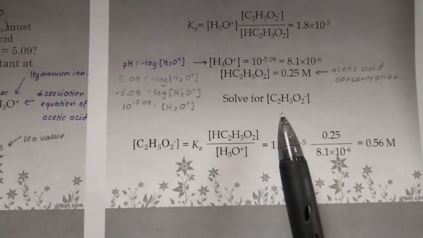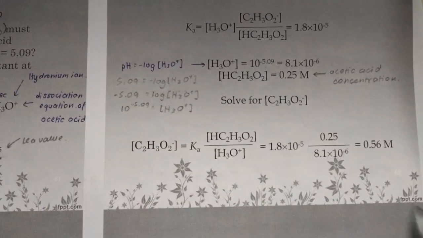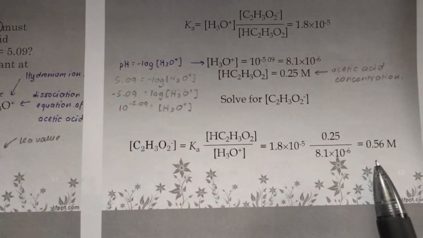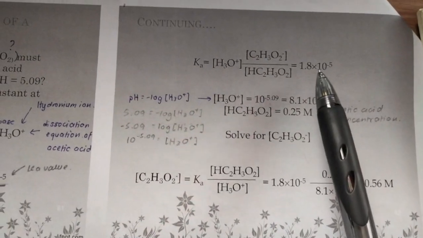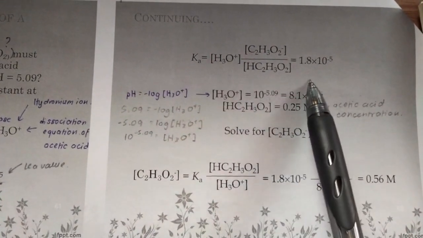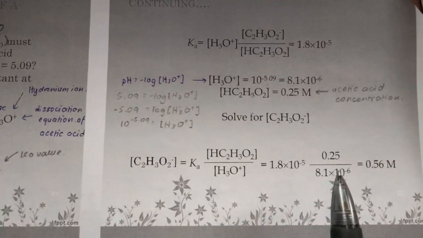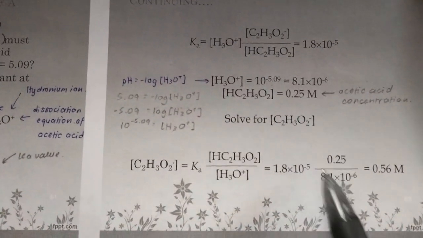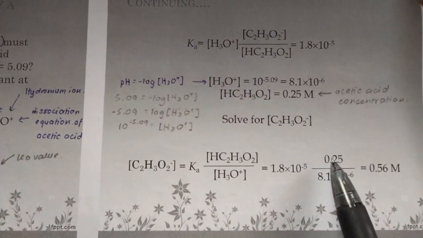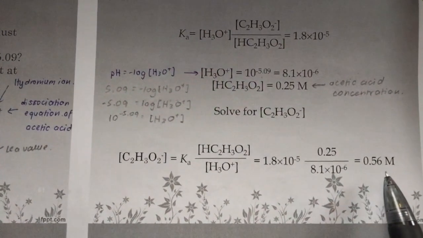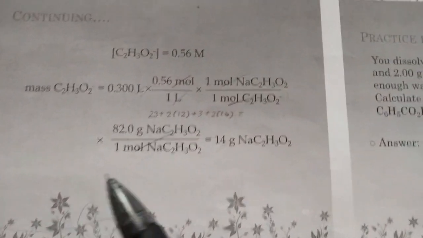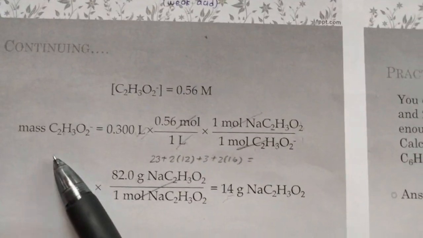And then we solve for the acetate ion concentration. We rearrange the equation from here, and it will be like this. We plug in the numbers we got earlier: this is the acetic acid concentration, and this is the hydronium ion concentration. We get 0.56 M concentration. And then we use stoichiometry.